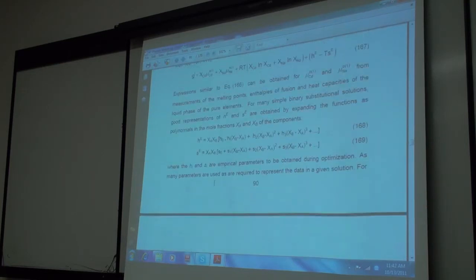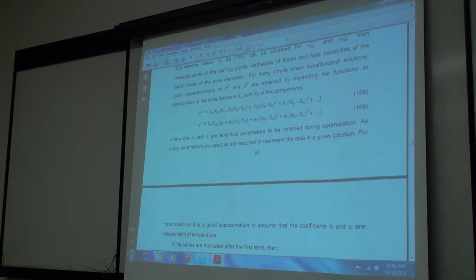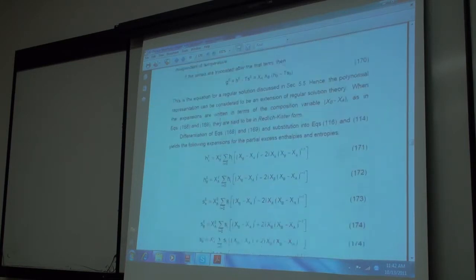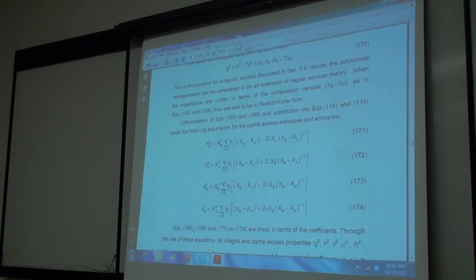If you start with the integral property, if you've measured the integral property and fitted that to this equation, then you can differentiate that in order to get that expression for A and B, and then there's no constant of integration because you're differentiating. However, if you were to start with this expression for h excess A and fit all the terms, this expression for h excess B would be true plus a constant times xB. Okay? And that constant is unknown.